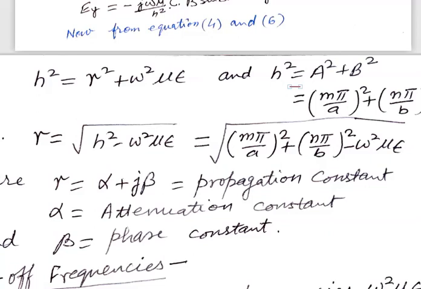Now we find out the expressions for the cutoff frequencies. So in the expression for gamma, it can be seen that for lower frequencies omega, when the omega square mu epsilon term is less than h square, gamma will be real. It means when gamma is real, the phase constant beta will be 0.